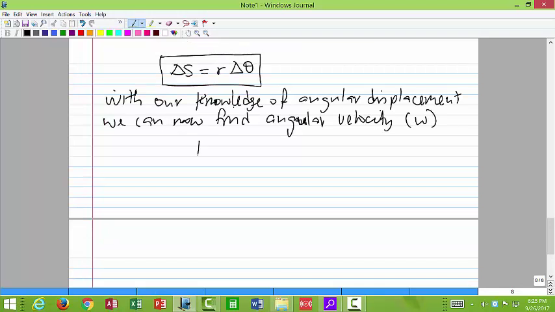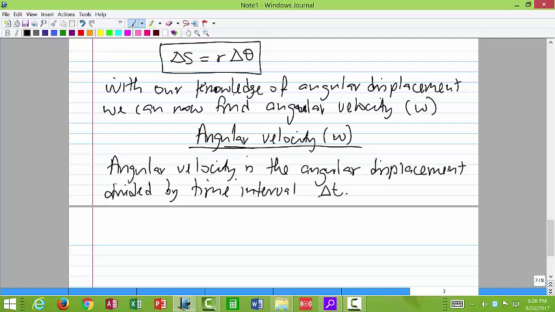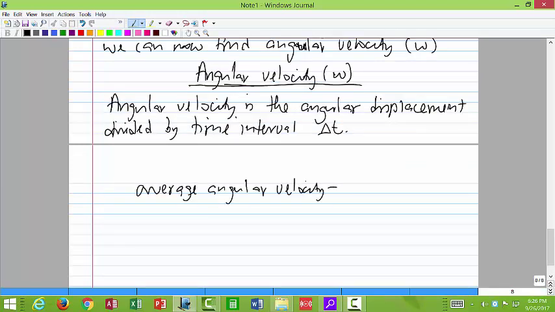Angular velocity, of course, is a vector quantity. It is the angular displacement with respect to time. So we can define it first by a time interval delta t. So average angular velocity is equal to angular displacement divided by time interval.